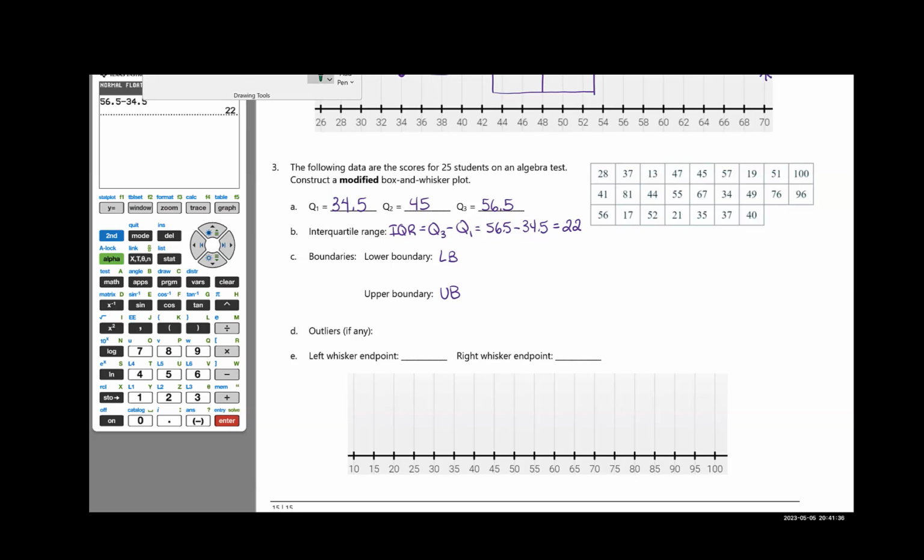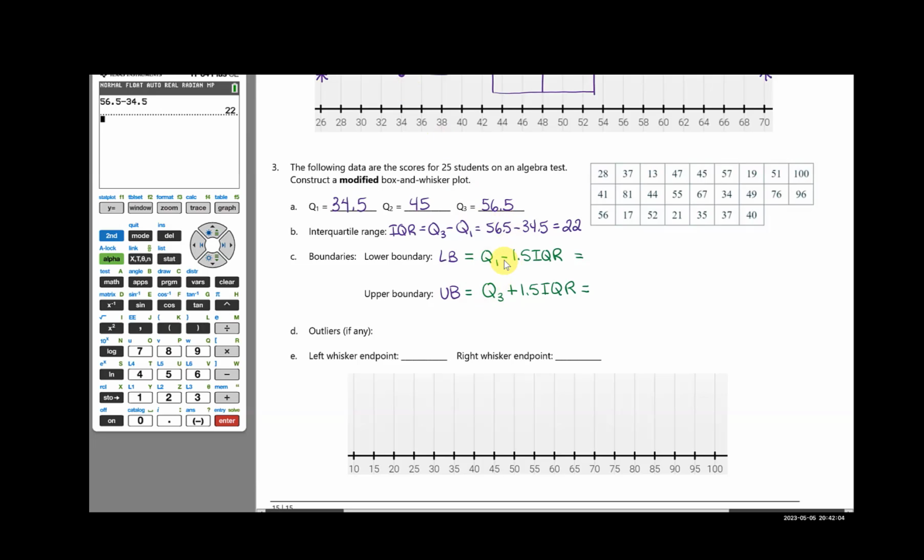I'm going to switch color here. So again, these are not going to be student scores. The boundaries are just tools for identifying outliers. So lower boundary is Q1 minus 1.5 times the IQR. Upper bound is Q3 plus 1.5 times the IQR. So I just like to write both formulas to be careful I get them correct.